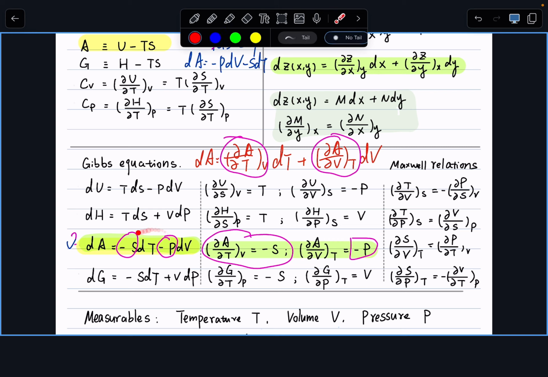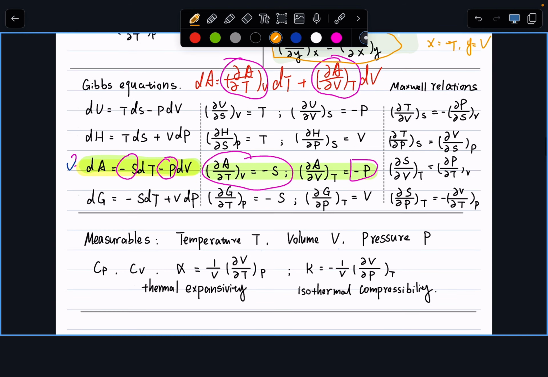In this case, we have M equals minus S, N equals minus P, X equals T, Y equals V. So we're just rewriting ∂M/∂Y at constant X and ∂N/∂X at constant Y, etc. With all these things in my toolbox, we are ready to express thermodynamic state functions in terms of measurables.